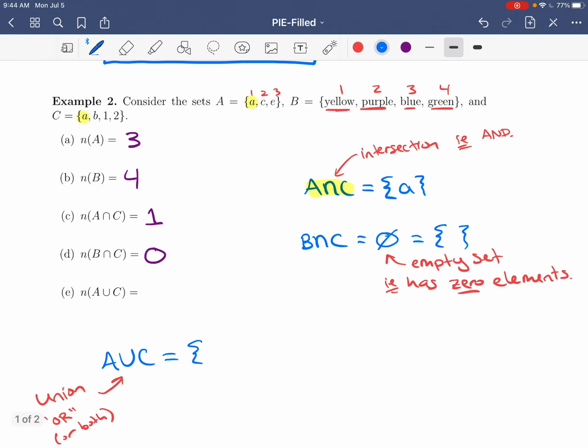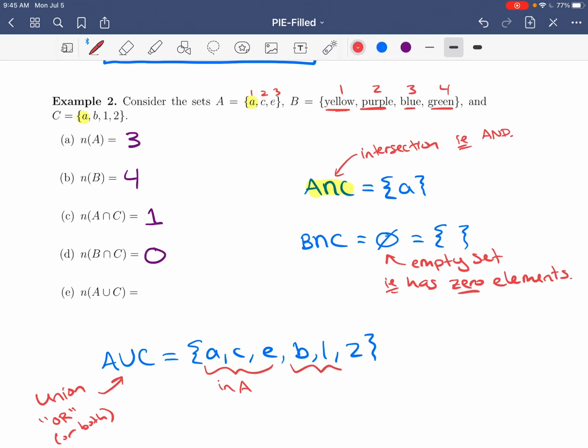So the way that I like to do these is I just write all the elements in one set. Okay, so these are the elements that are in A. And then I'm going to add in the ones that are in C that are extra. So I already have A, but I don't have B or 1 and 2.